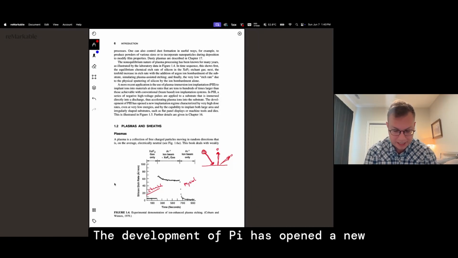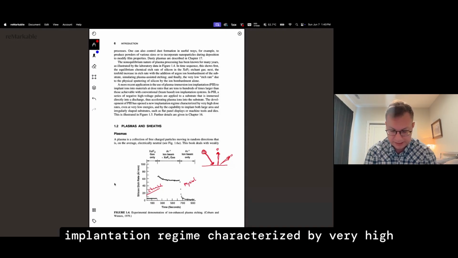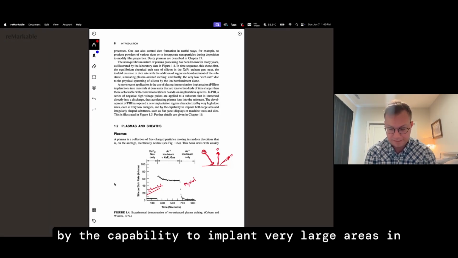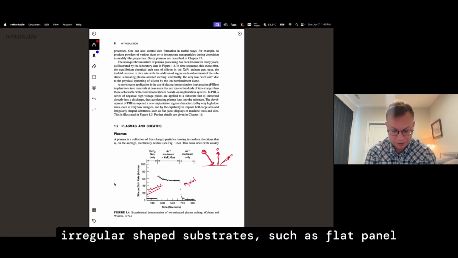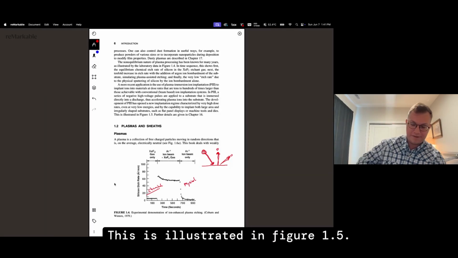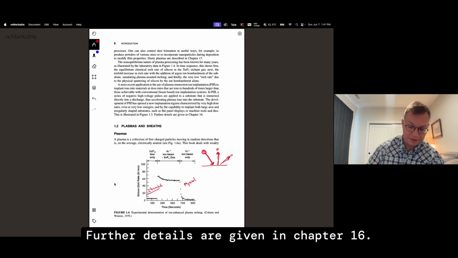The development of PI has opened a new implantation regime characterized by very high dose rates, even at very low energies, and by the capability to implant very large areas in irregularly shaped substrates, such as flat panel displays or machine tools and dies. This is illustrated in Figure 1.5. Further details are given in Chapter 16.